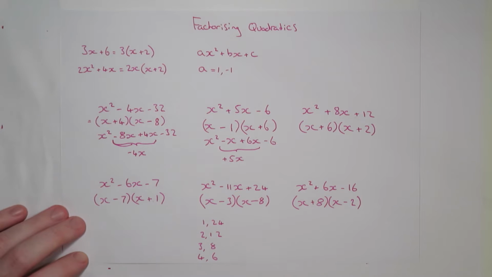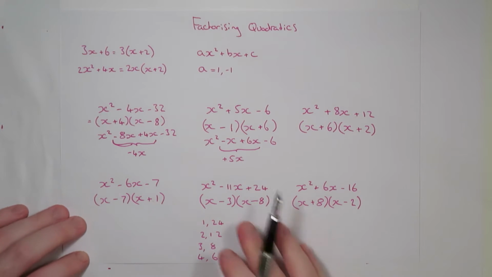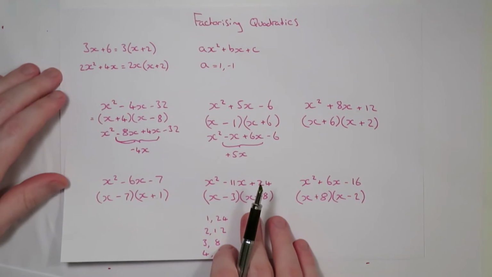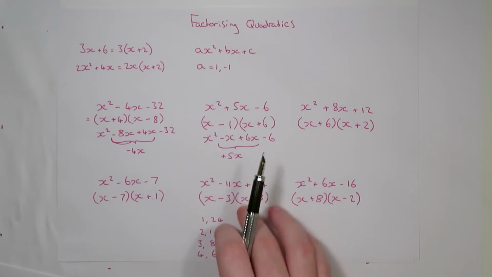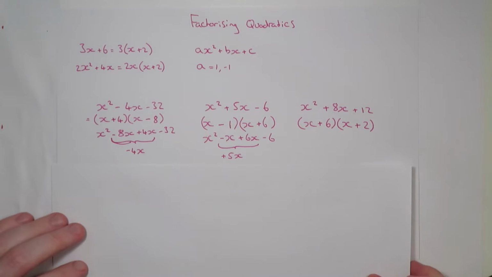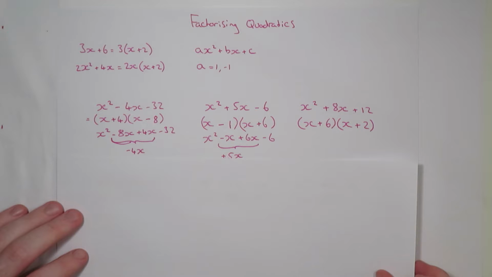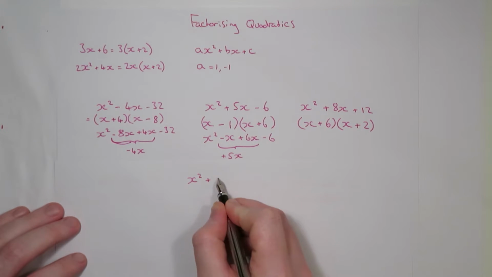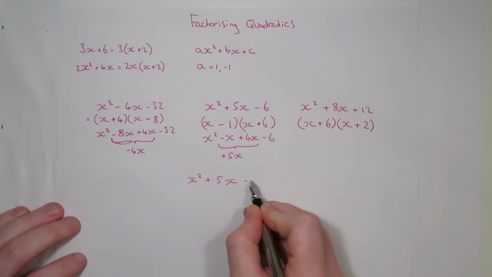Okay, so I've demonstrated quite a lot there. Let me get another piece of paper. Yeah, so I've demonstrated quite a lot. I'm just going to use this example here to recap, because it's quite a good teaching point.